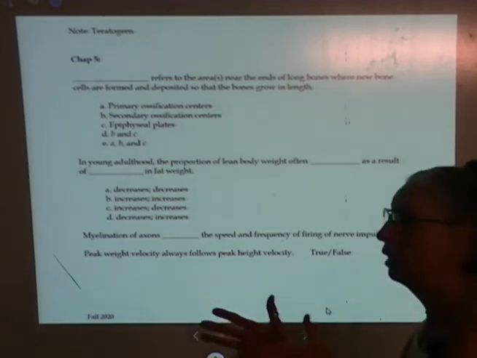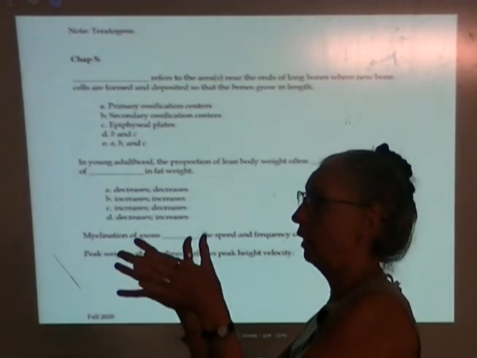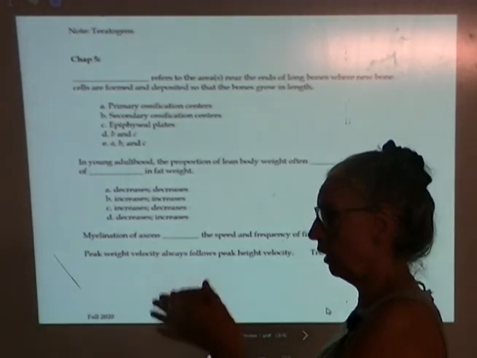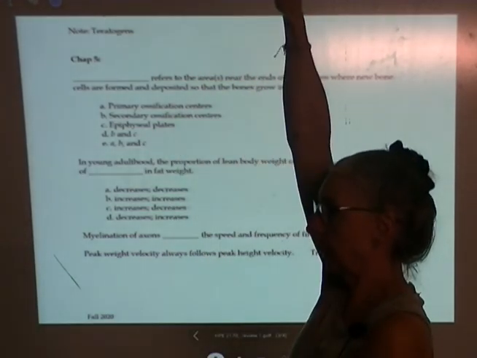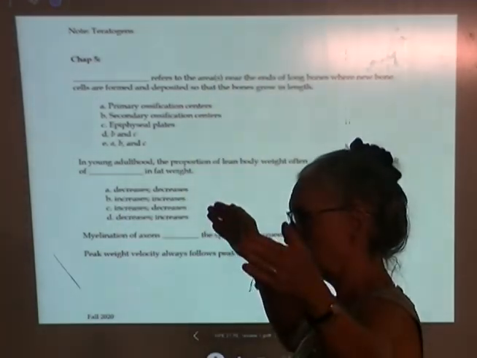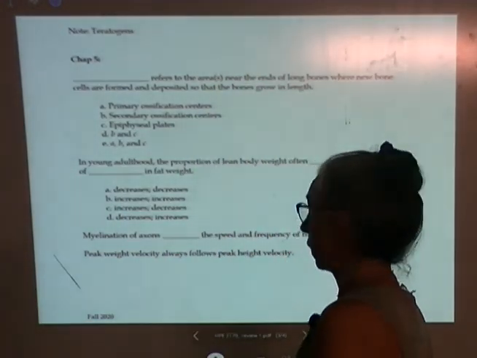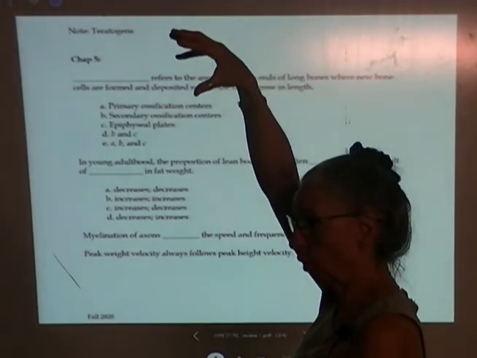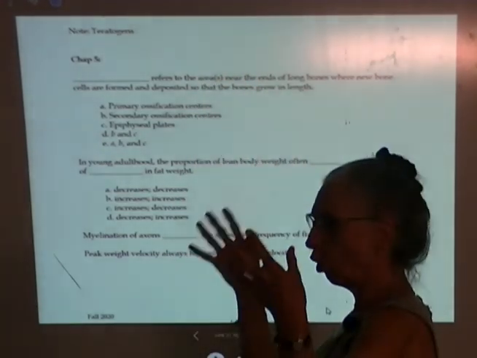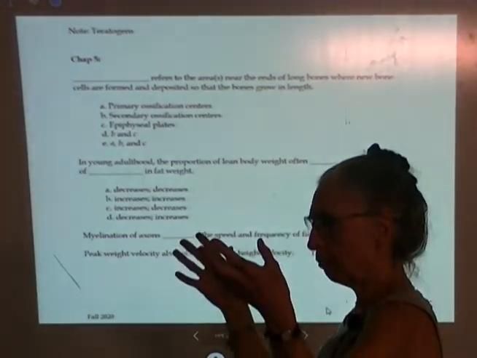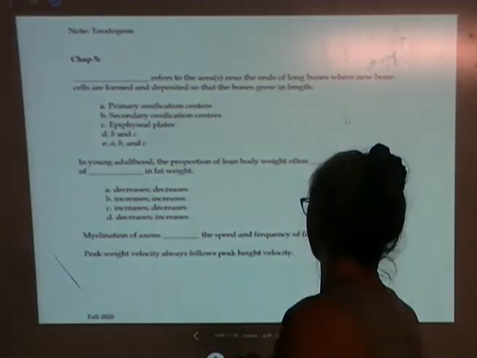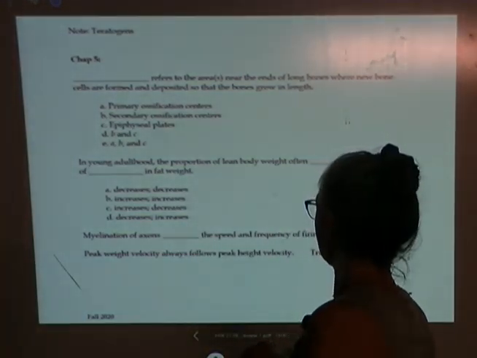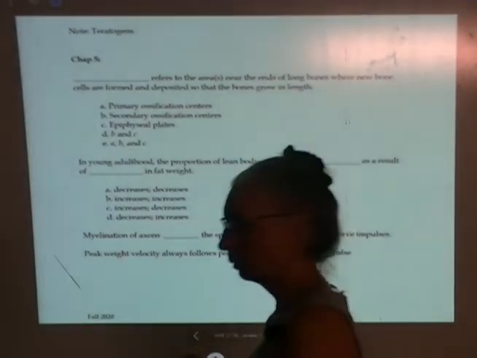So when we look at individuals going through puberty, they always do this before they do this. Right? So their skeleton gets longer, they get taller, and then they put on muscle mass and fat mass. Okay?